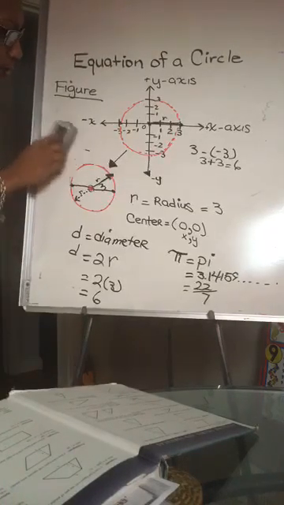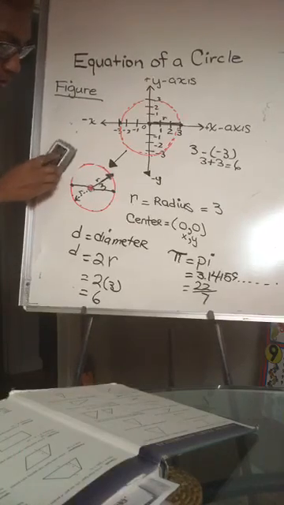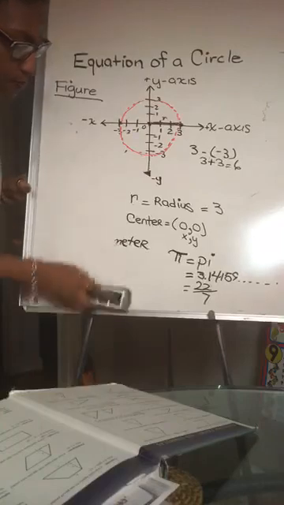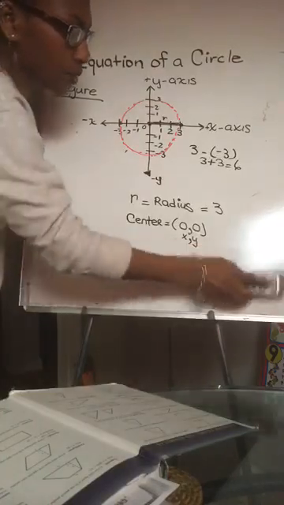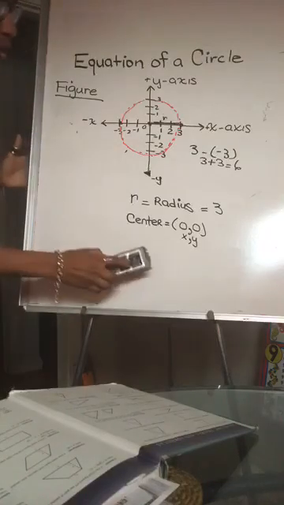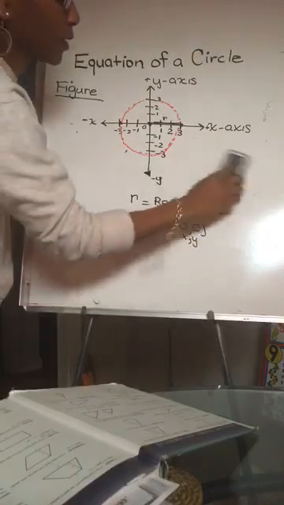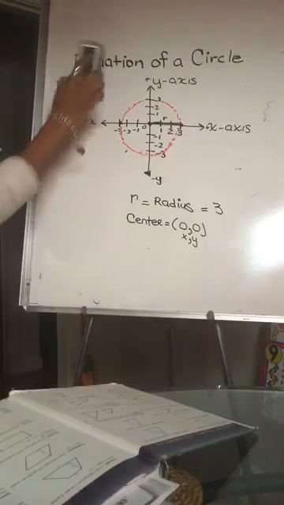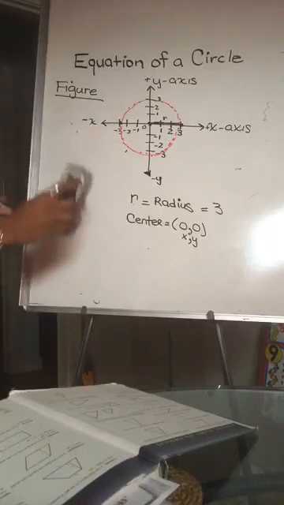All righty, so let's erase all of this. Okay, the last thing that we want to write is the equation of a circle.